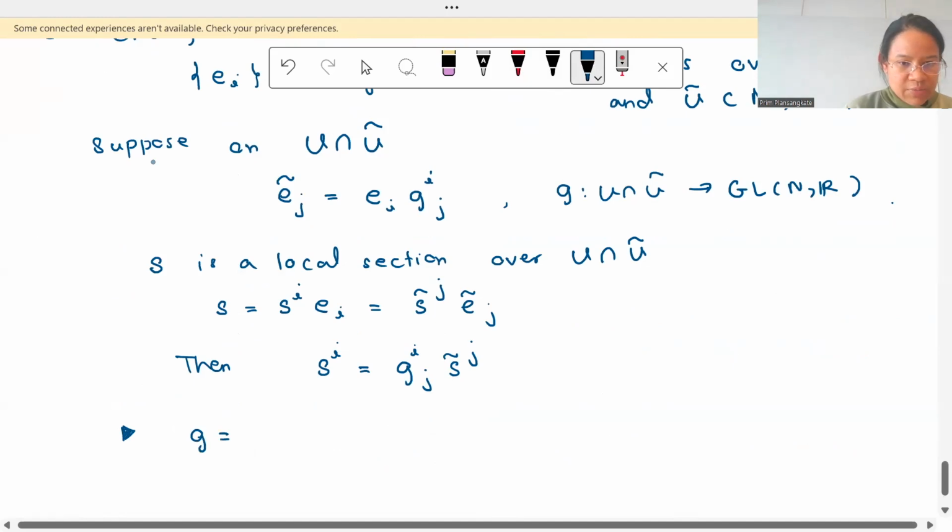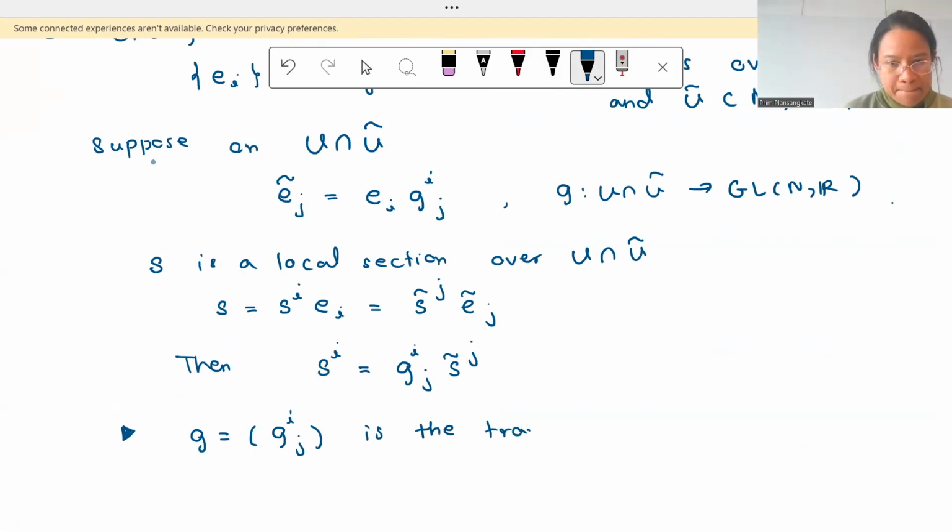So the G, which is this matrix, is the transition function between the associated local trivializations with these two frame fields.